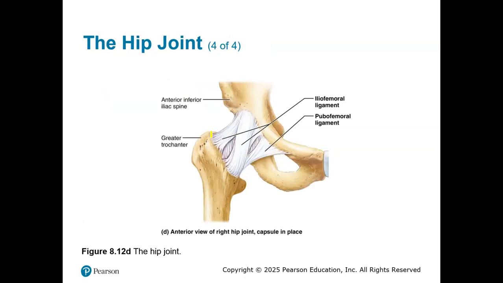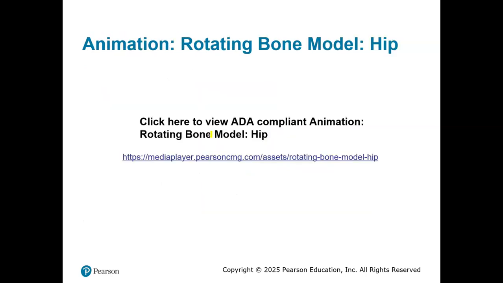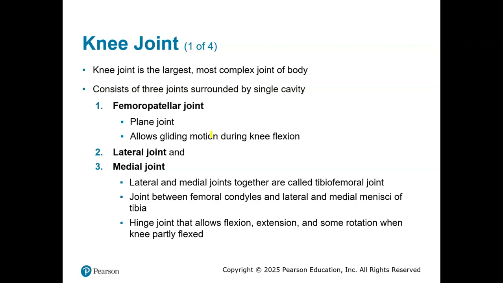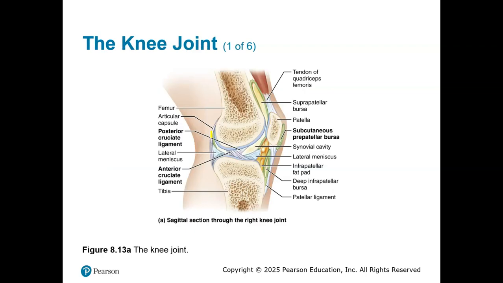There's not any ligaments that I care about you knowing, but there are in the knee. So the knee joint is the most complex joint of the body, and the knee joint allows flexion, extension, and a little bit of rotation when the knee is partially flexed, but it's not a lot of rotation.